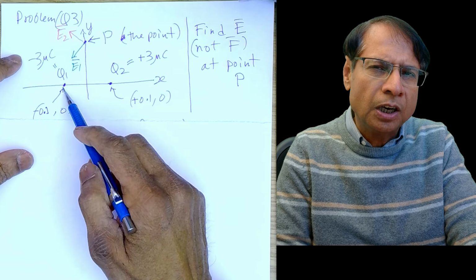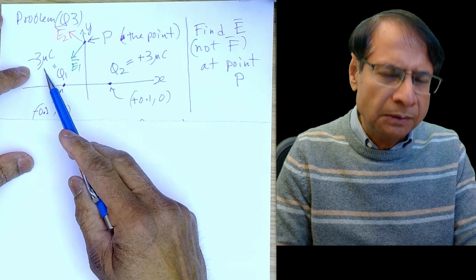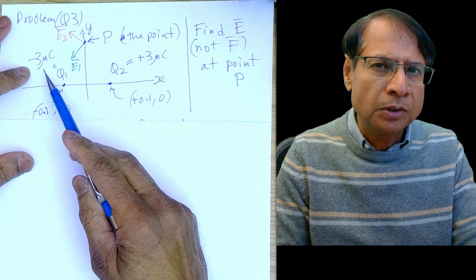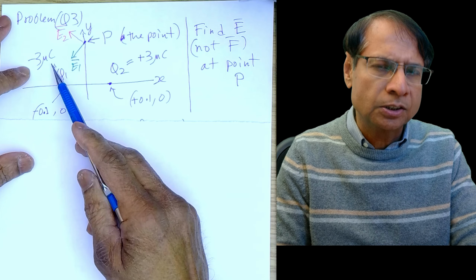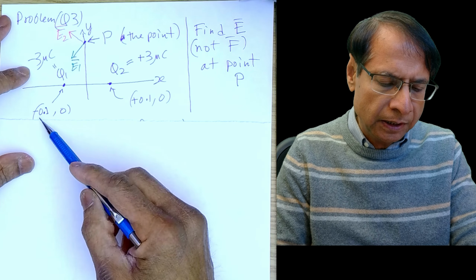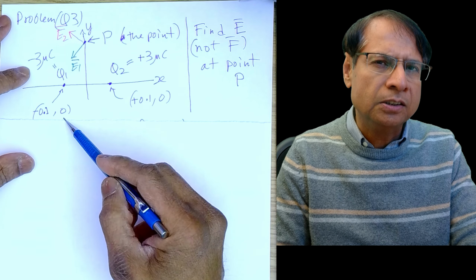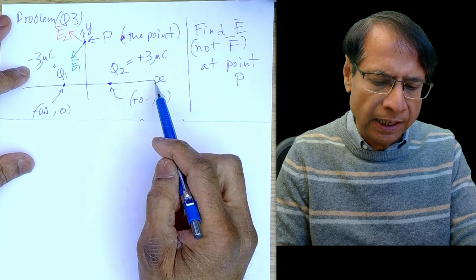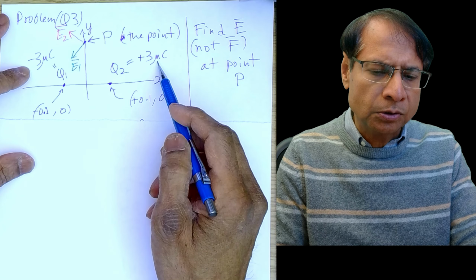So you have two charges. These are the coordinates. There's one negative charge, -3 microcoulombs. Micro is 10 to the minus 6, so 10 to the minus 6 coulomb. It's sitting over here. The x coordinate is -0.1. The y is 0. It sits on the x-axis. The other charge, Q2, is +3 microcoulomb.